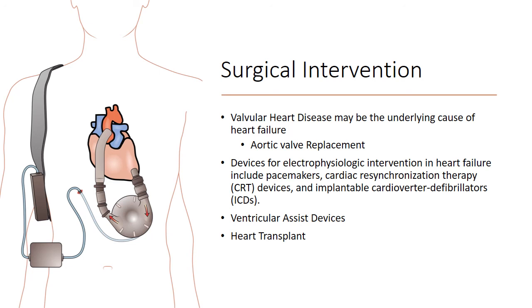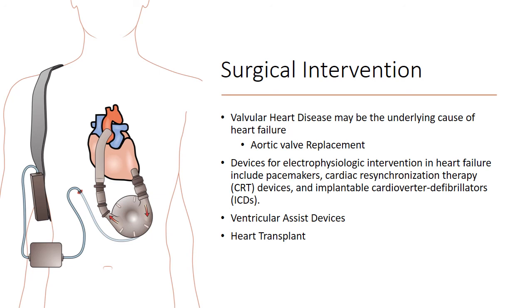This can be done either as an open cardiothoracic surgery or, for older patients and people with multiple comorbidities that are more frail, this can be done transarterially now as a TAVI. There's also devices for electrophysiologic intervention, and this includes pacemakers, cardiac resynchronization devices, and implantable cardioverter defibrillators.